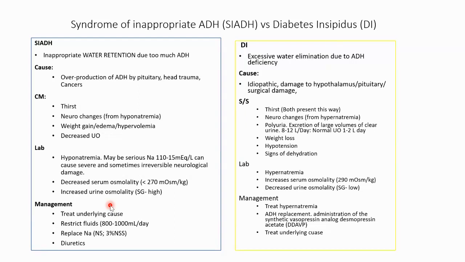So let's talk about the syndrome of inappropriate antidiuretic hormone versus diabetes insipidus. SIADH. How I remember these two: syndrome of inappropriate, I think of the word inappropriate, and often inappropriate means too much, like too much drinking, too much promiscuity, too much of something, and we tend to call that inappropriate behavior.